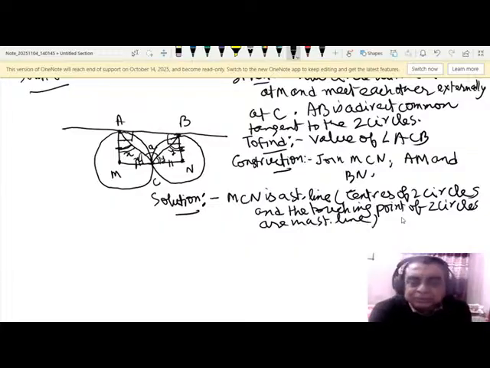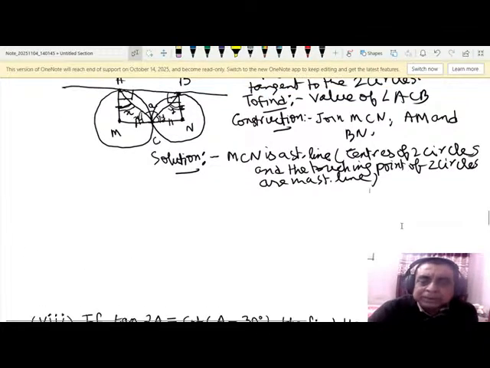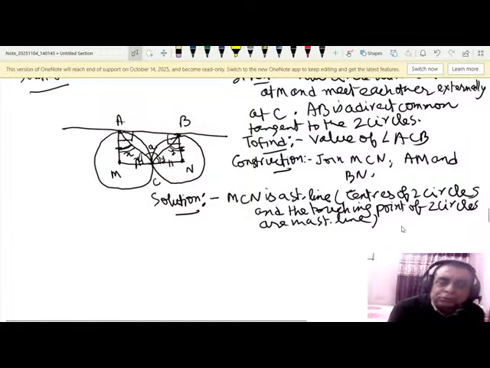So that is the reason why MCN will be a straight line. So I am writing on this left side.